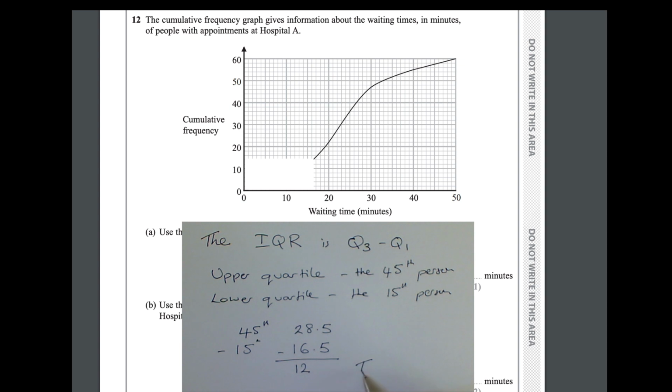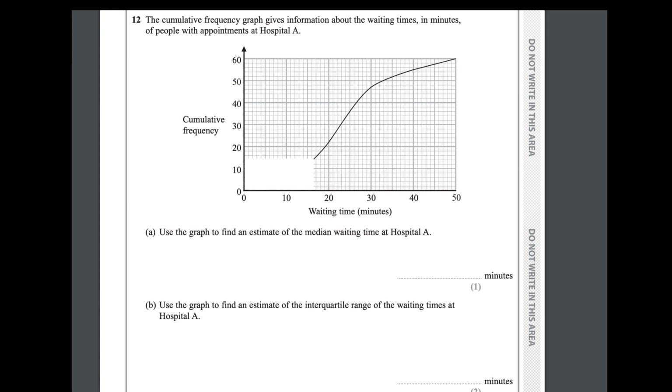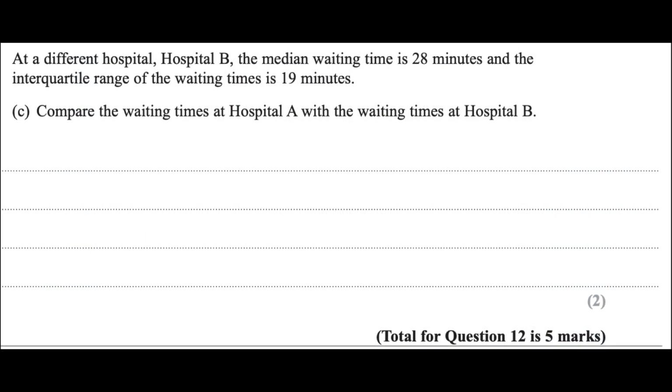The difference between the two is the interquartile range. That's 12 minutes, which means that half of the people were seen in this range of 12 minutes. Right, for the last bit, we have to compare, and there are two marks. That means we need to compare two things, and we've already worked out two things, haven't we?